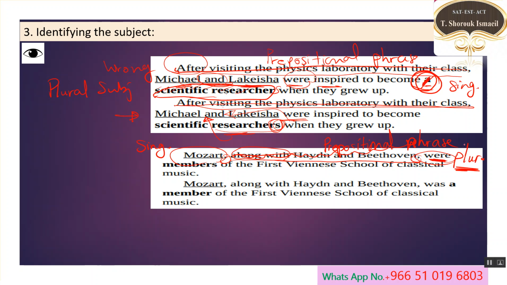What do I need here? I need to fix my verb, so it becomes like in this example: Mozart along with Haydn and Beethoven was. So here that's my subject, and was is its verb. The subject is singular, and the verb matches it in its singularity, it is singular too.